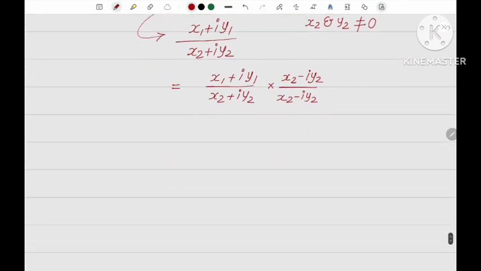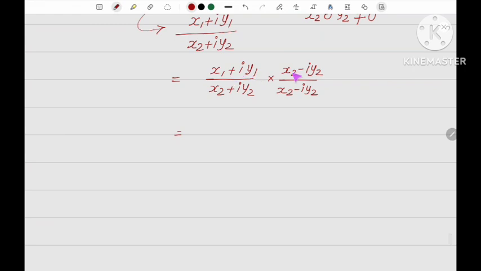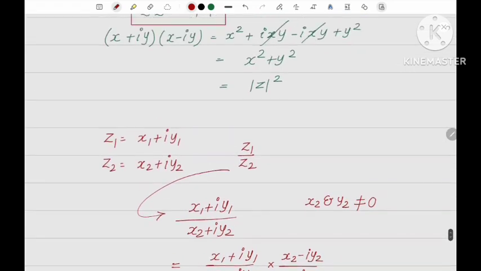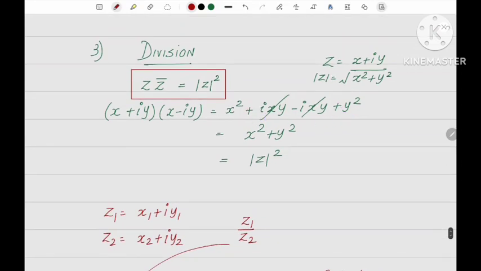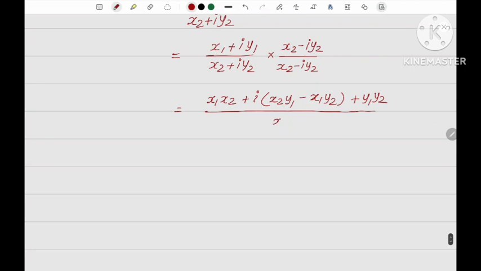Let me multiply the numerators. x1 x2 plus i, I will write it directly now, x2 y1 minus x1 y2, and this one will become plus y1 y2. In the denominator, if you multiply this, you will come here only, that is z z bar is equal to mod z square, which is equal to x square plus y square.